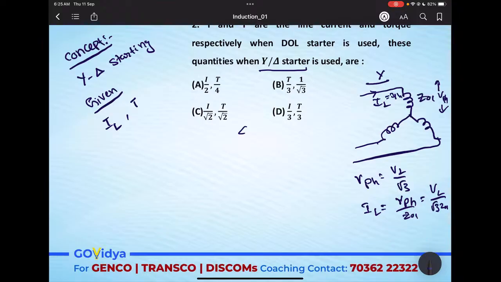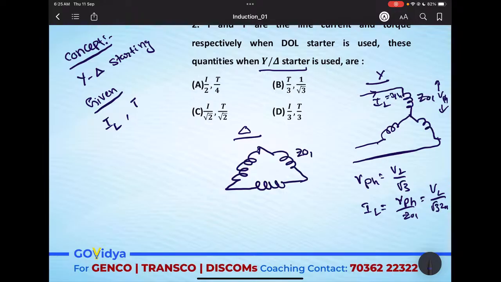Let's see the delta connection. If you keep the induction motor connection in delta, how the current will be, we'll calculate. In delta connection method, how the voltage and current parameters are related, we will calculate.